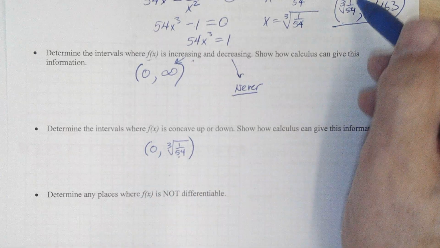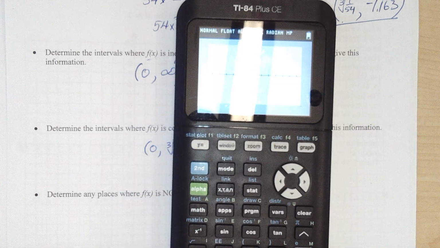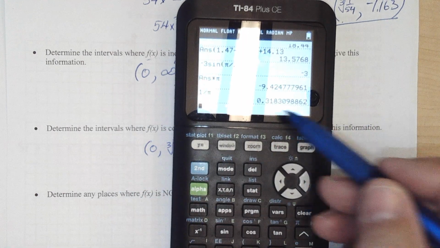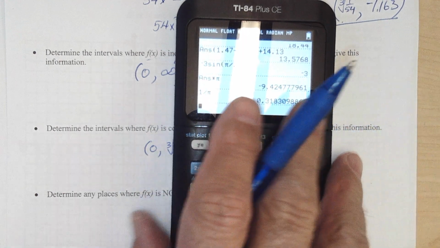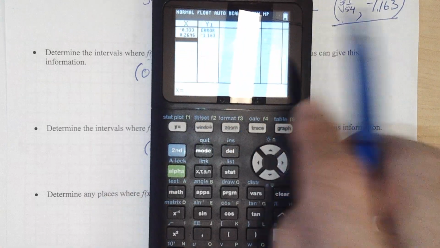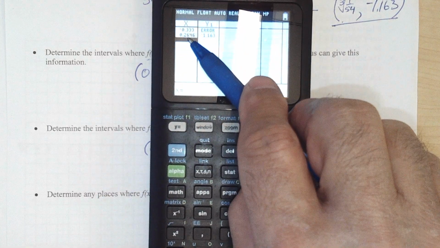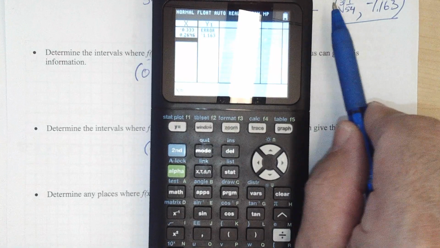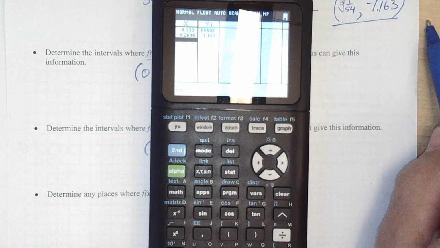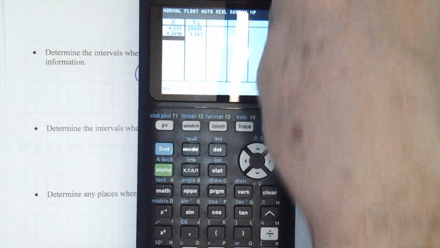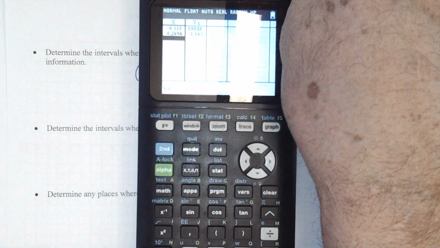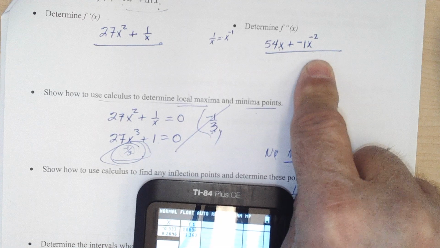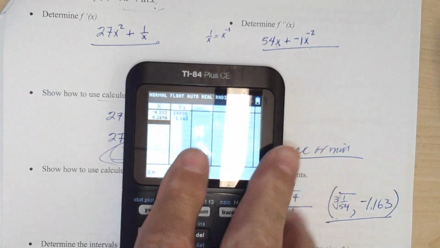This was about 0.2, if we remember. Oh, I had it here. It's about 0.26. So if I go a little bit closer to 0, 0.2, and put it into the second derivative, it'll tell me whether it's concave up or down.